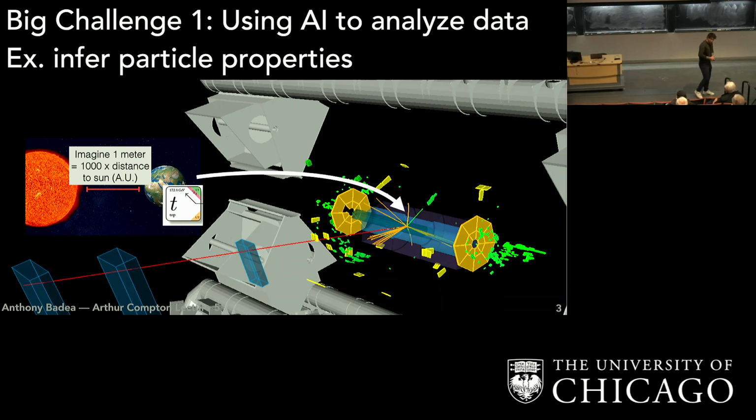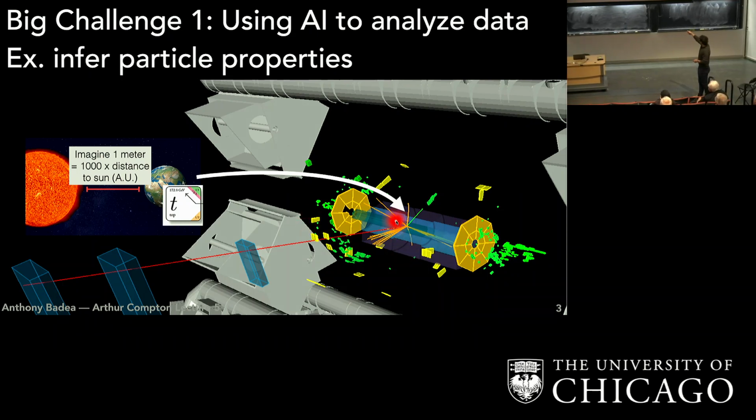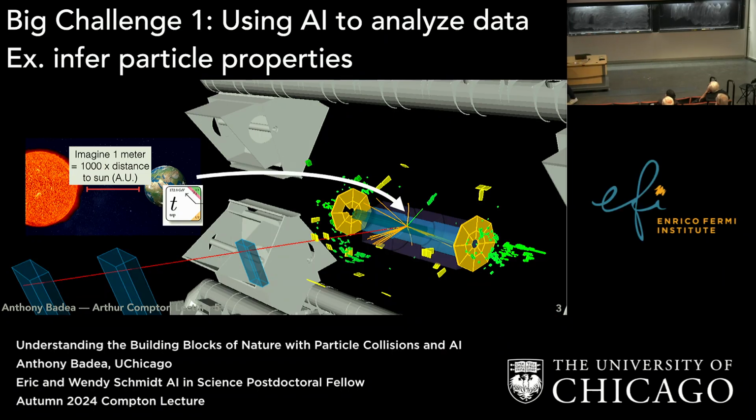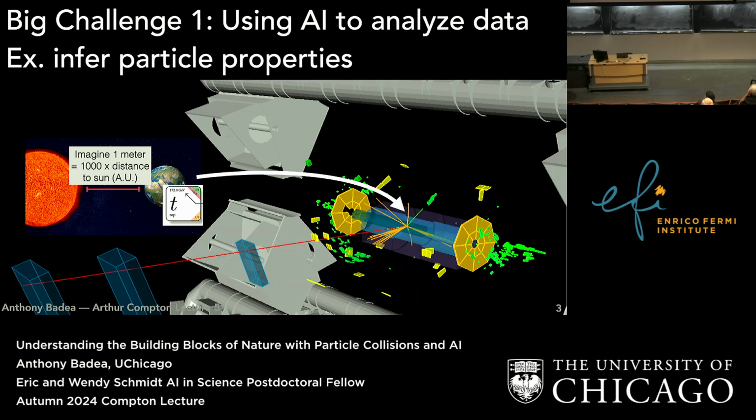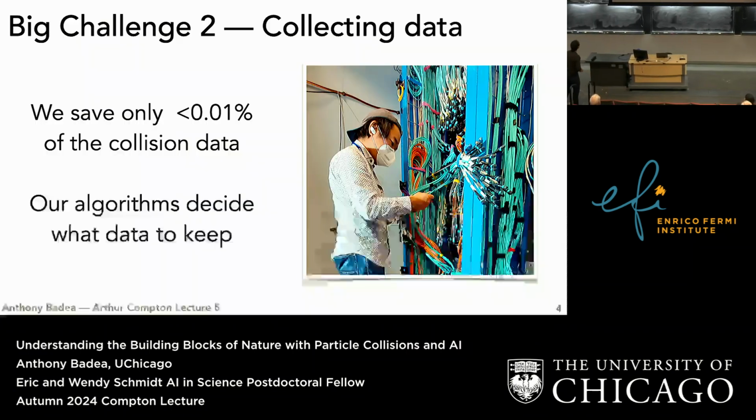The process that we looked at was when two protons collide, forming a top quark, the most massive particle, at distance scales of 10 to the minus 15 meters, so extremely small, and then we measure the decay products of it on the meter scale. The analogy that we made is like if you put the top quark at the position of the Earth, a meter is 1,000 times the distance from the Earth to the Sun. So we're really making inferences using the detector data at the meter scale to understand very small scale behavior all the way down to the femtometer scale.